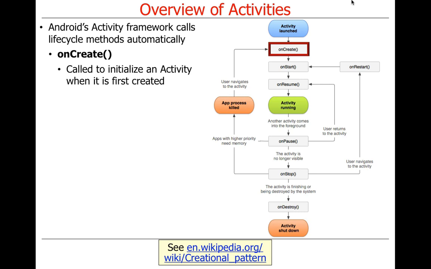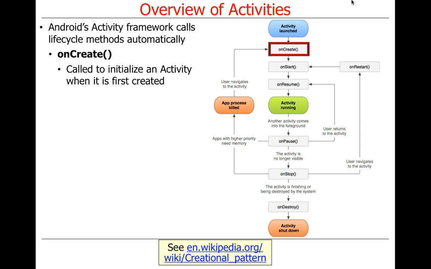So the first method that you'll encounter, and this is one of the ones you have to implement, I think it's actually largely implemented for you with a couple lines left out, is called onCreate. And this is called by the activity framework, by Android's runtime system, to initialize an activity when it's first created. And this is basically sort of a creational pattern, sort of a virtual constructor. So it's separating out the creation of the object, which was done by the Android infrastructure, from the initialization of the object.